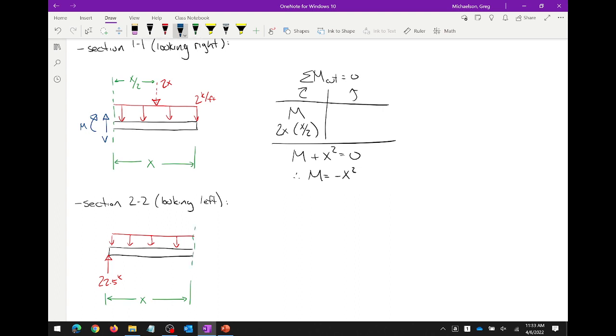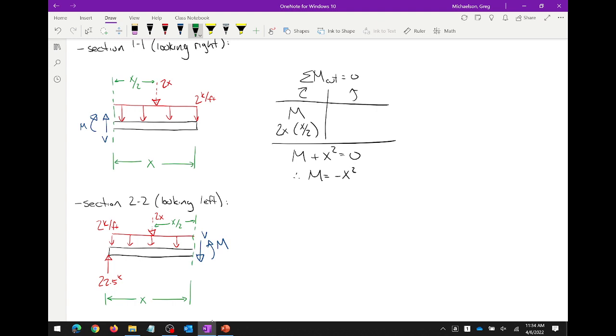We have our shear, moment, 2 kips per foot. We collapse that into a single 2x load, x over 2. Right?